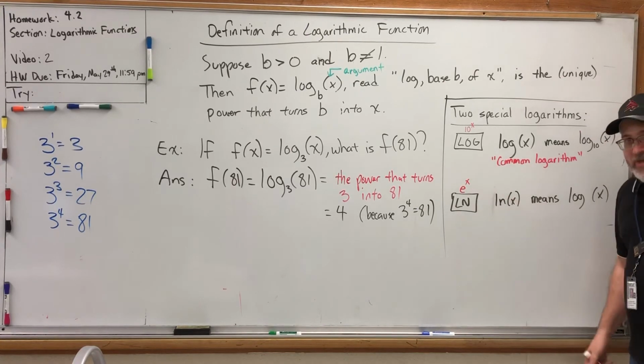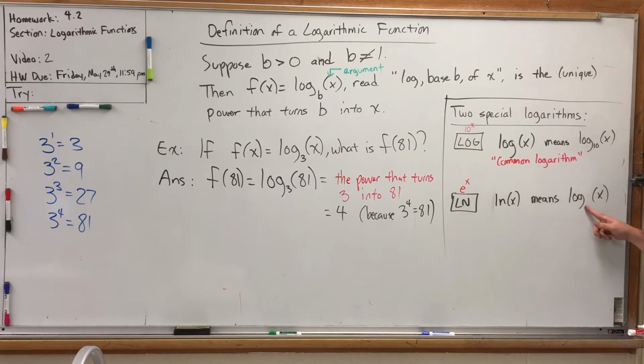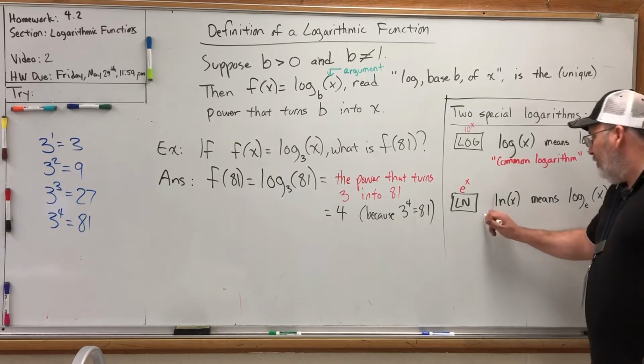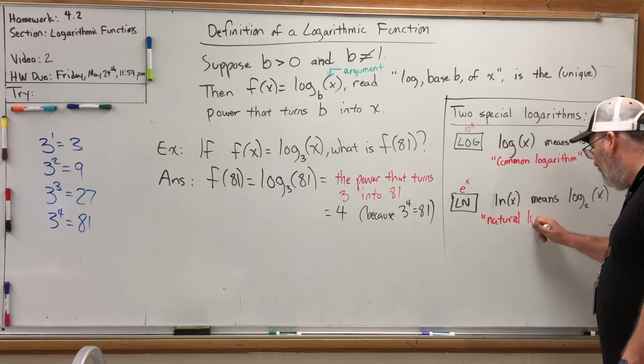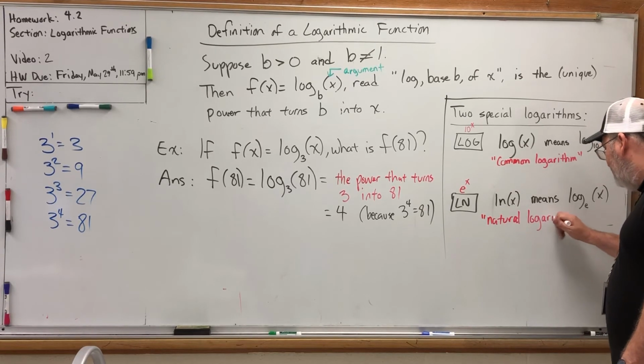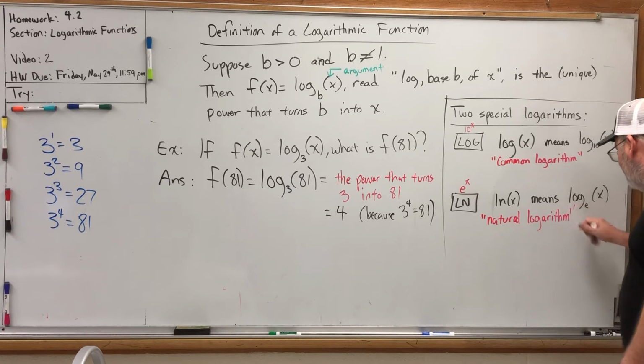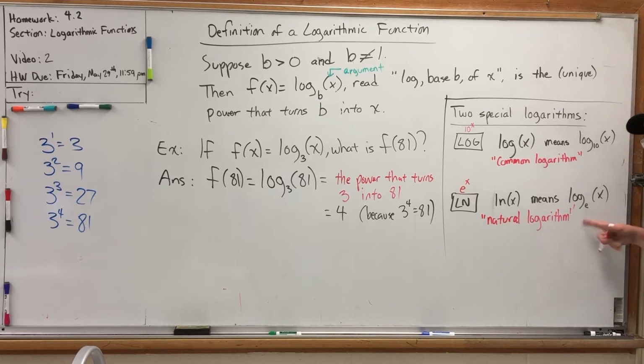And the base there is e, and the base here is e. The reason it's called ln is because this is the natural base. ln stands for natural logarithm, because its implied base is the natural base. Go back and watch the previous video if you forgot what that means.